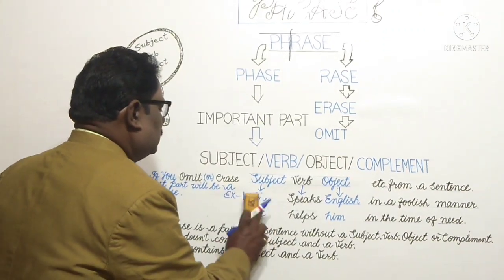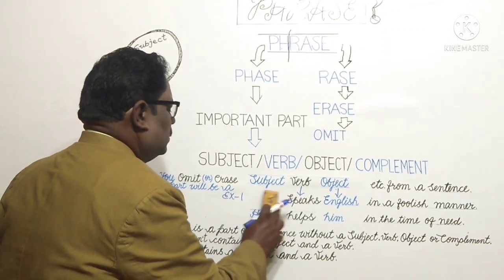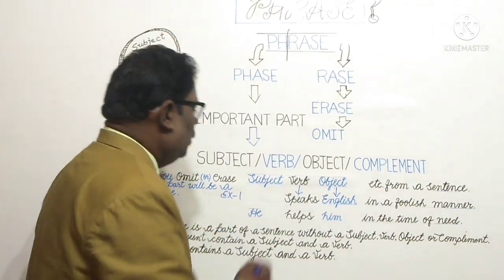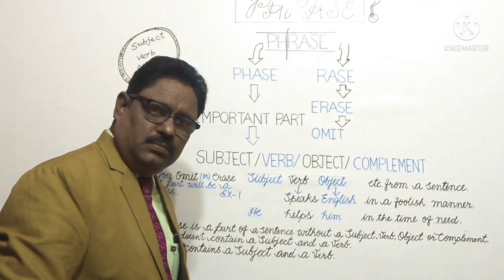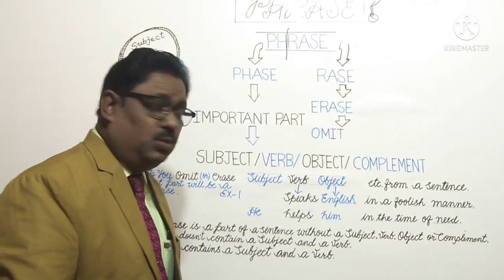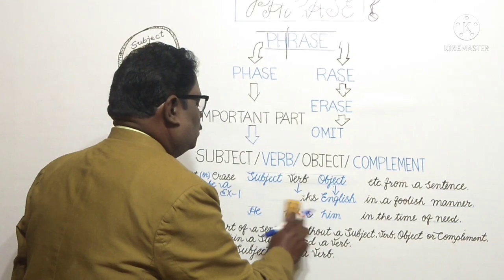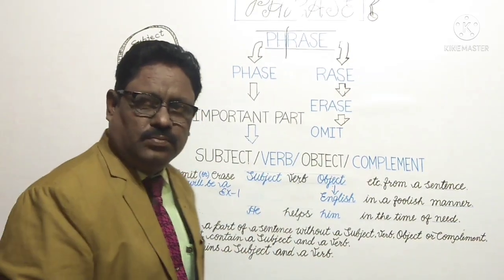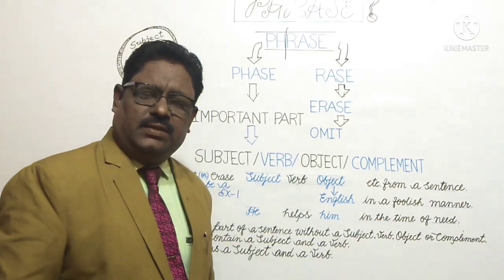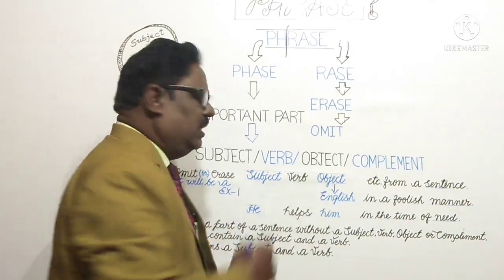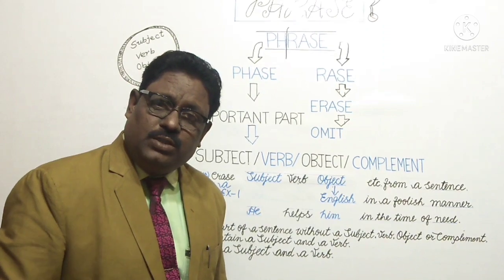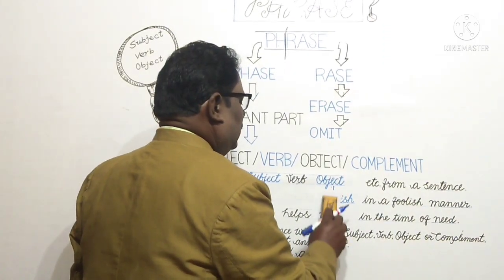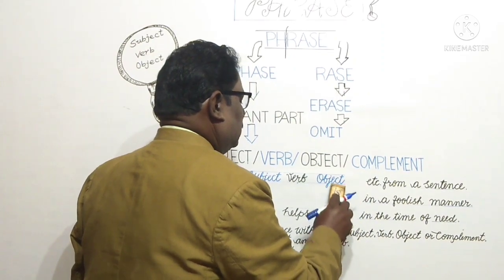Erase it. Now, what we have to do with the verb? We have to erase the verb too. Erase it. Now, here we see object. What we have to do with the object? We have to omit or erase it. English is erased here.